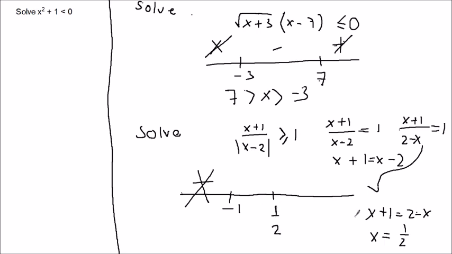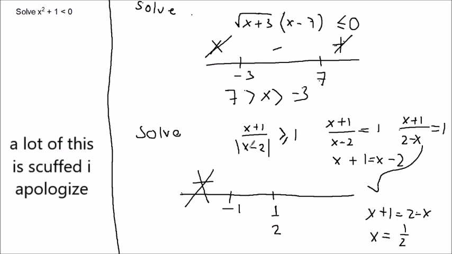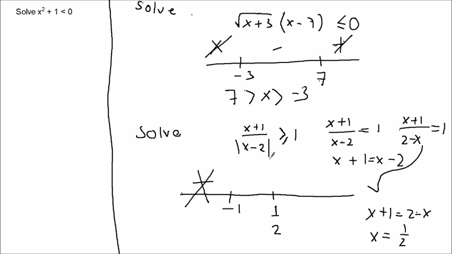Okay, when the numbers are bigger than 1/2, what happens? Let's say we put this as 1, right? 1 plus 1 is 2, 1 minus 2 is -1.